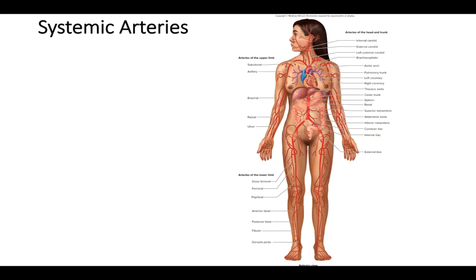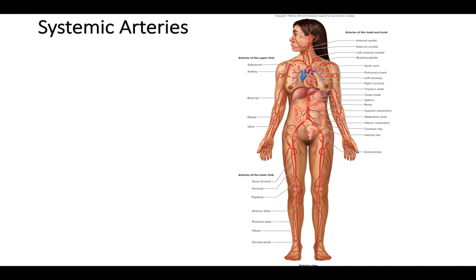All right, so we're going to probably start a new video on the systemic arteries, but just as an introduction, remember your systemic circuit you can think of as starting on the left side of the heart, so the left ventricle, for example. That blood enters the aorta, so that's going to be your first and largest systemic artery. And then off of that aorta are systemic arteries.